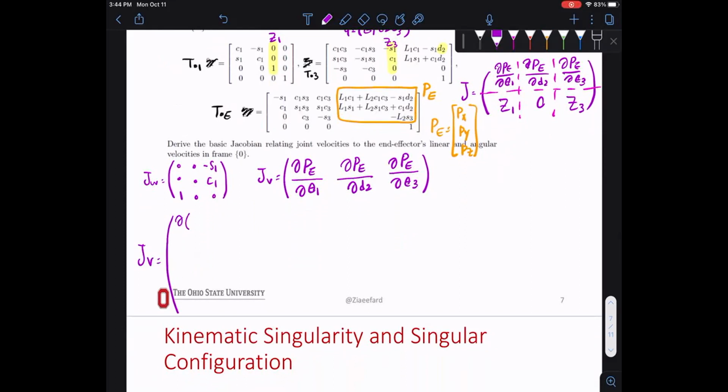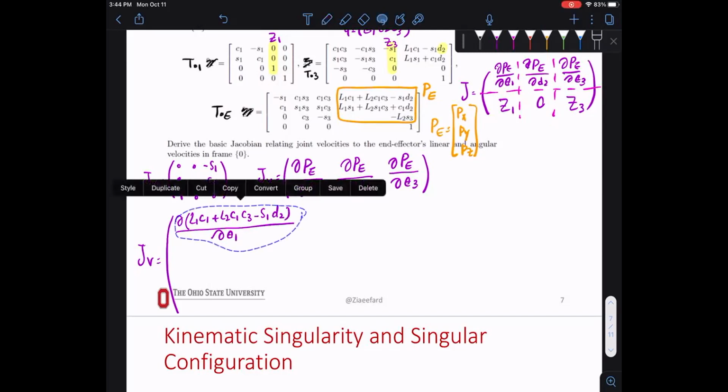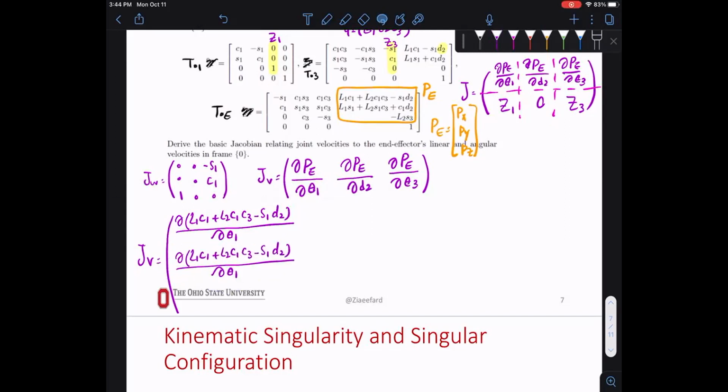PX is L1 cosine 1 plus L2 cosine 1 cosine 3 minus sine 1 D2 with respect to our first variable theta 1. Then I can be lazy and say D2, and then theta 3.